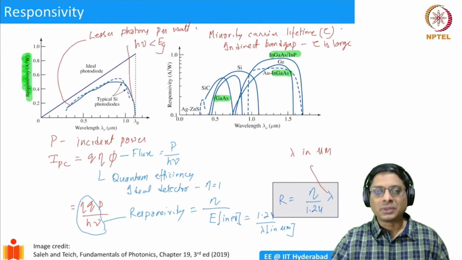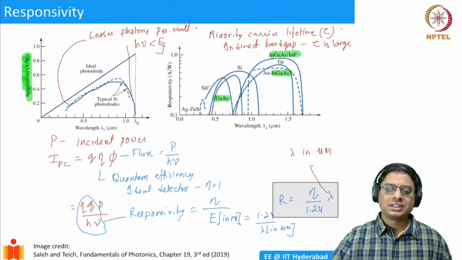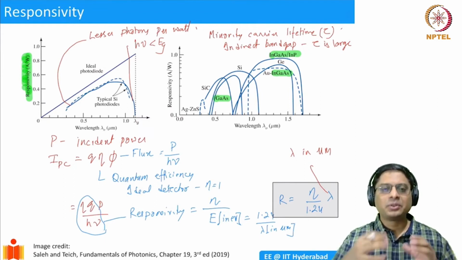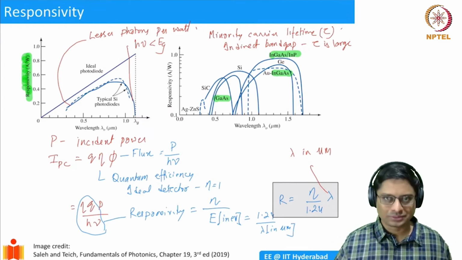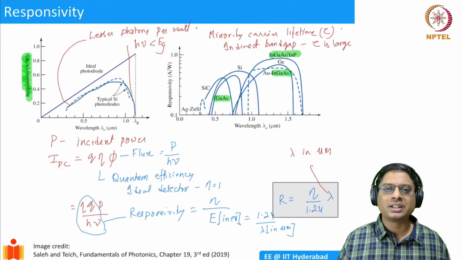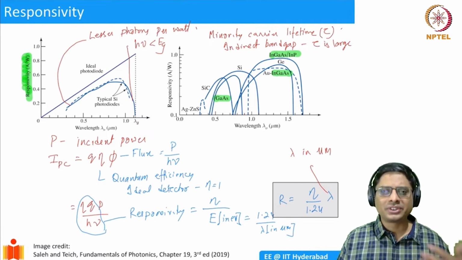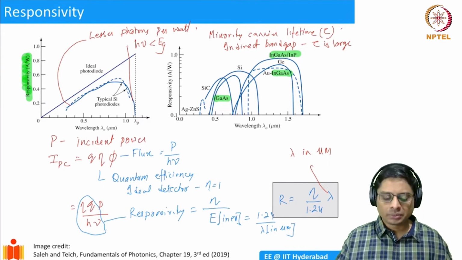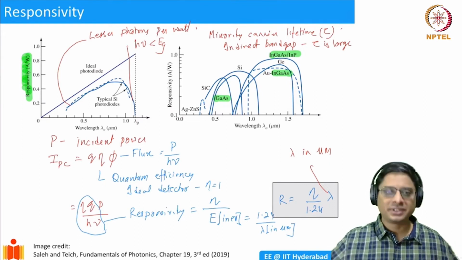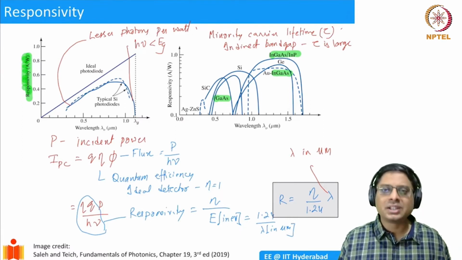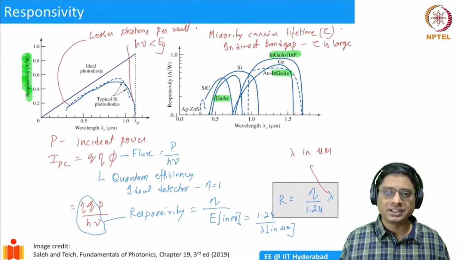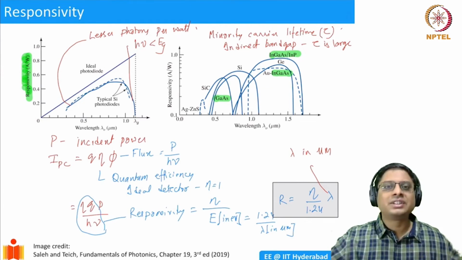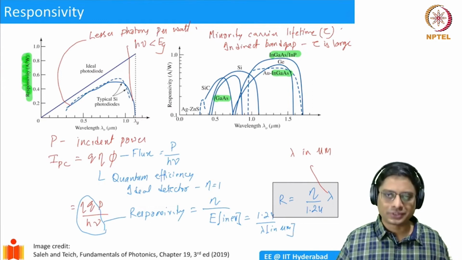Because tau is large, we can build a device in such a way that before it recombines, we try to collect the electron. Tau is essentially capturing how much time there is before the electron and hole recombine. So before that recombination happens, we try to collect them in the external circuit, and that is why, even though silicon and germanium are not really that efficient materials for interacting with light, we just increase the width of the material so that we collect more photons.